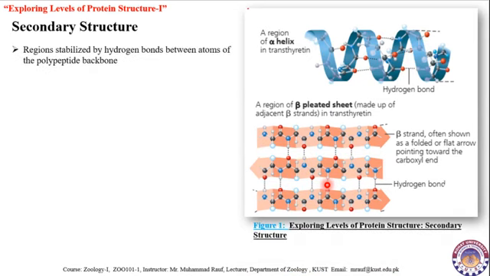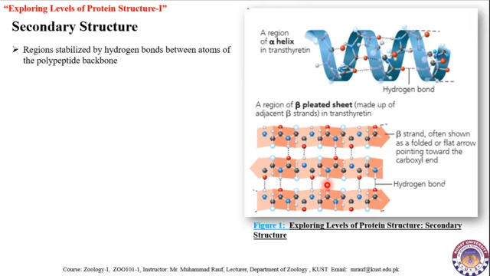Now in the primary structure of proteins, there is only peptide bond. Only peptide bond is there in the primary structure, and that peptide bond is established between the amino group and the carboxyl group of two amino acids.